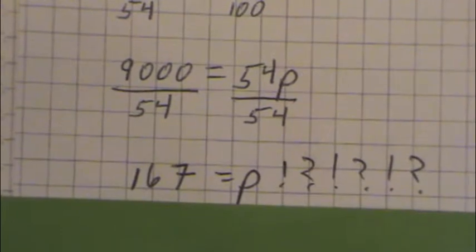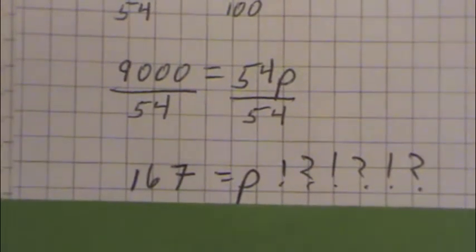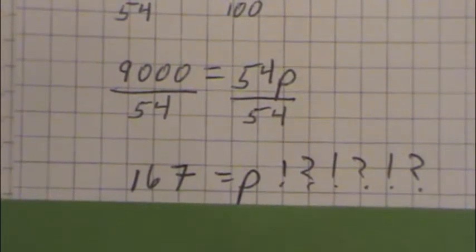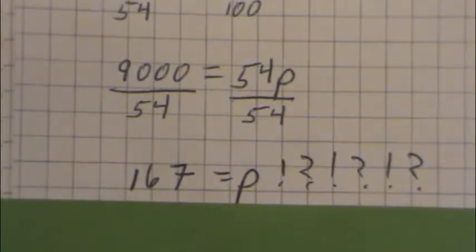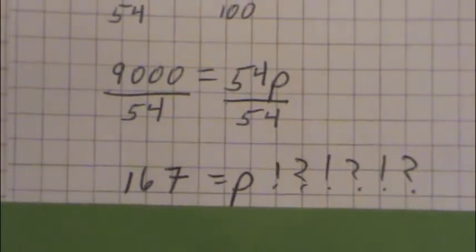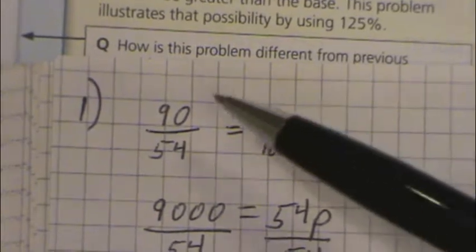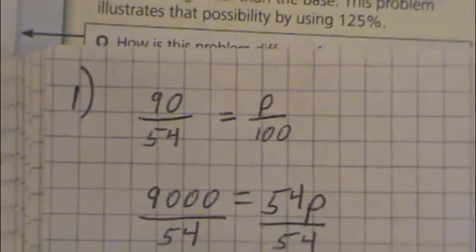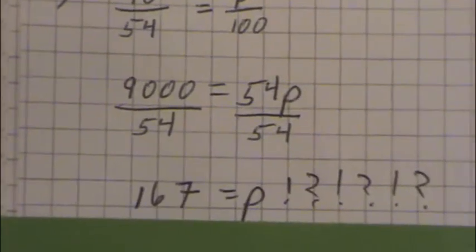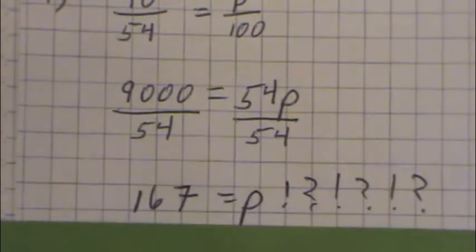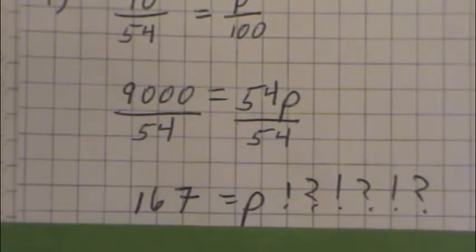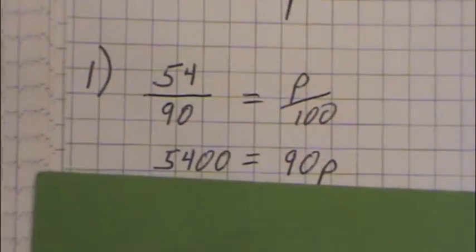That makes no sense. It must have taken me 15 minutes to realize, oh duh, I put the numbers in my proportion the wrong way. So be thinking while you do these, because it'll help you catch your mistakes. After I did that, I decided to leave it in my notebook so I could show you guys, but then I went ahead and did it correctly.